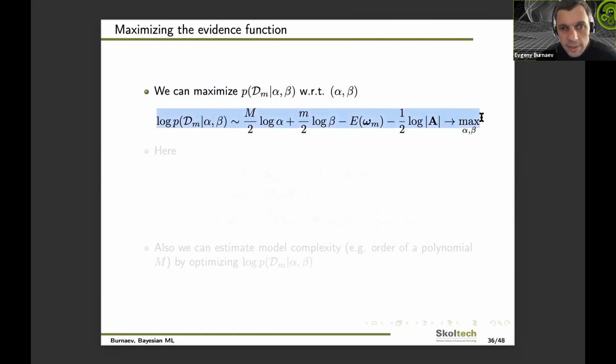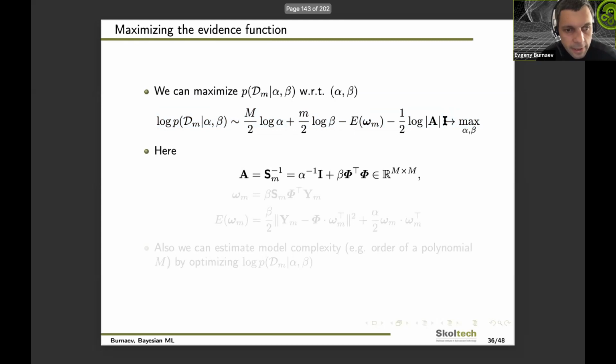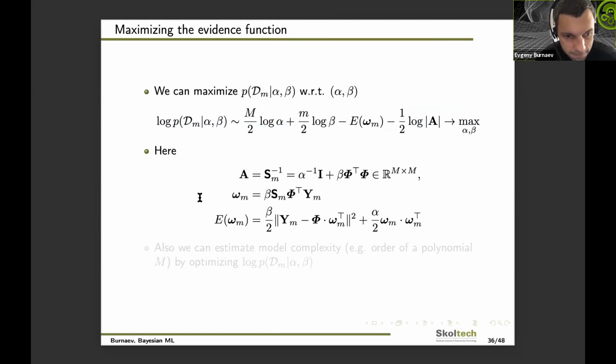What is interesting is that in this evidence function, nothing depends on W. So this is a pure expression of alpha and beta, and I can estimate alpha and beta by maximizing this log evidence. Again, all the terms in this expression are defined by these formulas.